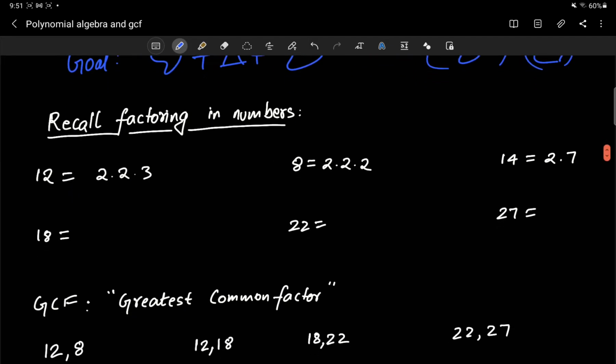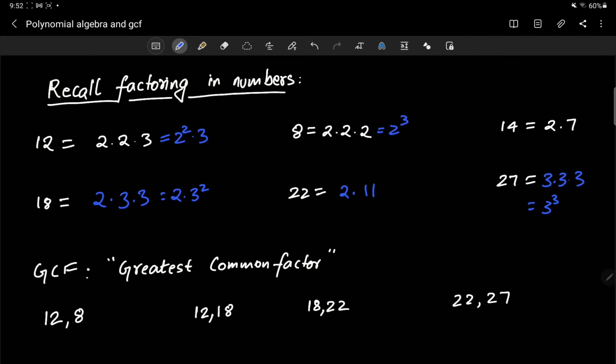For example, 12 can be written as 2 times 2 times 3, 8 can be written as 2 times 2 times 2, 14 as 2 times 7, 18 as 2 times 3 times 3, 22 as 2 times 11, 27 as 3 times 3 times 3. Or another way to write these is 2 squared times 3, 2 cubed, 2 times 3 squared, and 3 cubed.